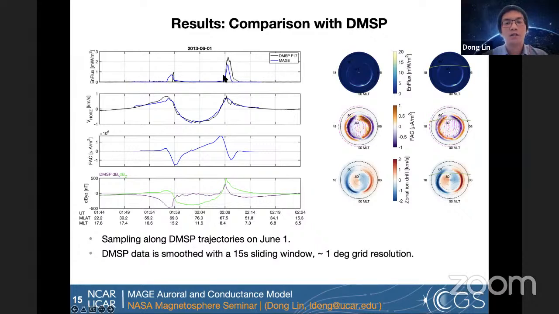So this peak, if you look at the map of energy flux here, is actually near the dawn side. You can see MLT around 8. So it's when it was crossing this part, and this part is in the diffuse precipitation. The diffuse precipitation is determined by the wave activity in the magnetosphere, although we are using that empirical lifetime distribution. It's not directly determined by the field line current here.